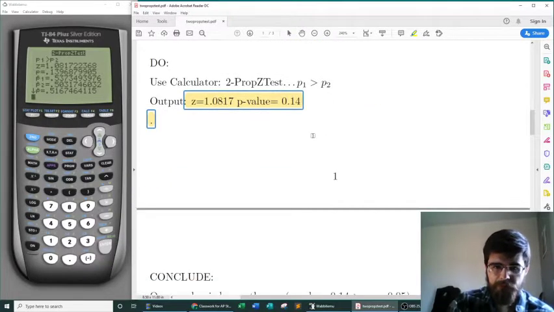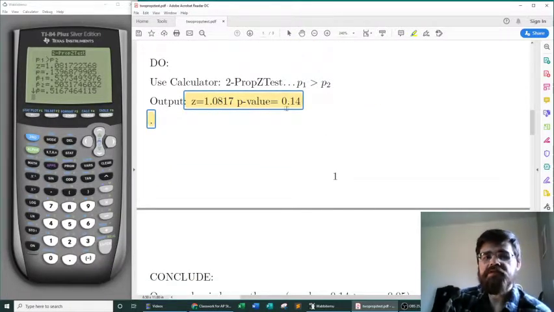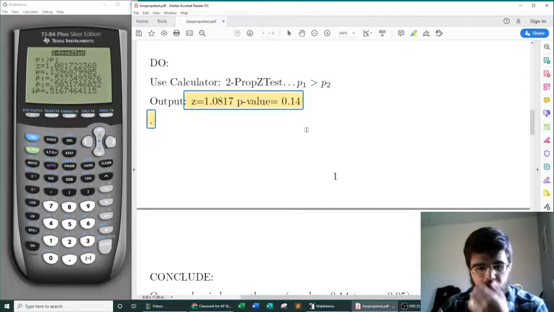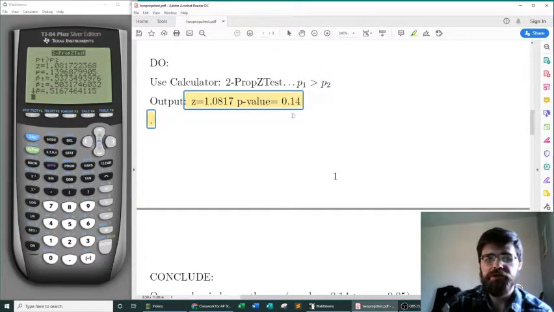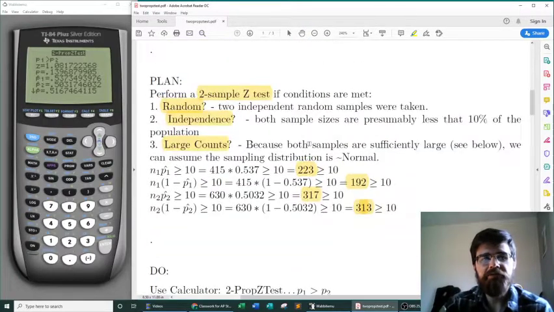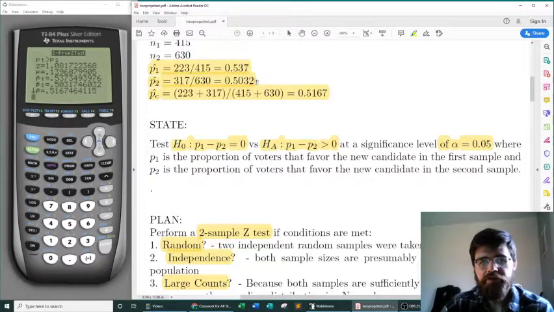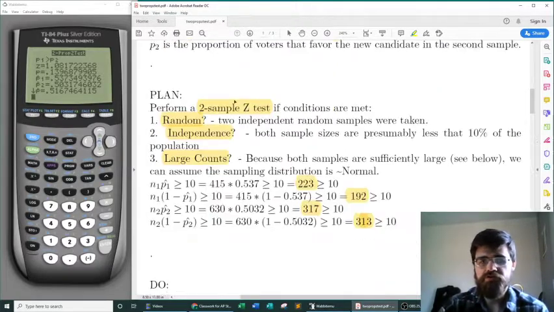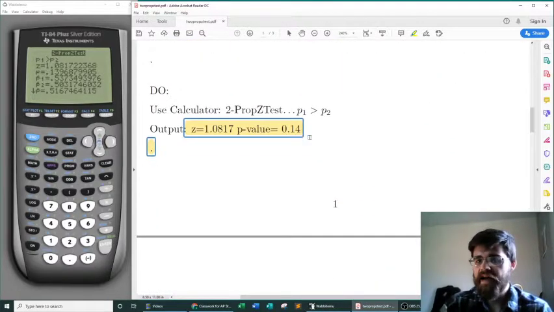So what this is telling me is that if I were to find the difference in these two proportions over and over and over again, the chance that we would have a difference of about 3.5% when actually those two proportions were the same, and that 3.5% drop is just due to random chance, the likelihood of that happening is about a 14% chance, right?